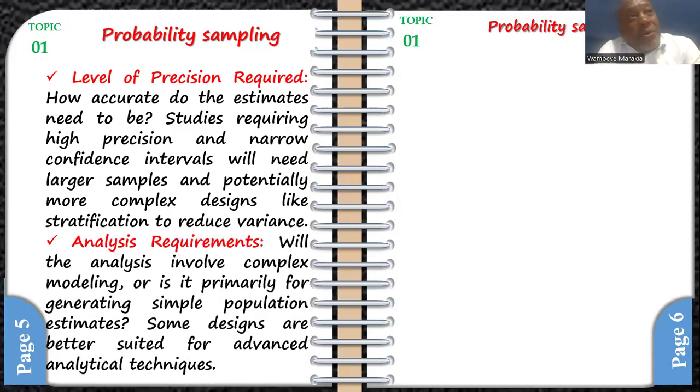Also, on the same objectivity, we need the analysis requirements. Will the analysis involve complex modeling or is it primarily for generating simple population estimates? Some designs are better suited for advanced analytical techniques.